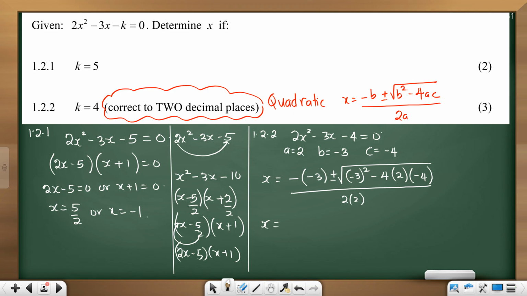Did you punch it in a calculator? Please, no one is allowed to get these marks wrong. I'm begging you. 2.35 or negative 0.85.